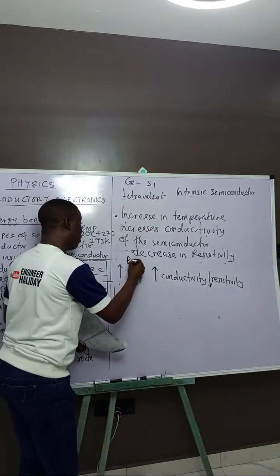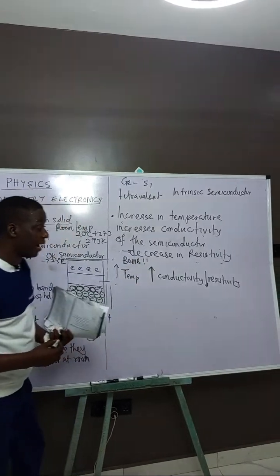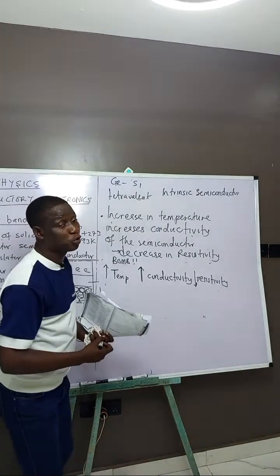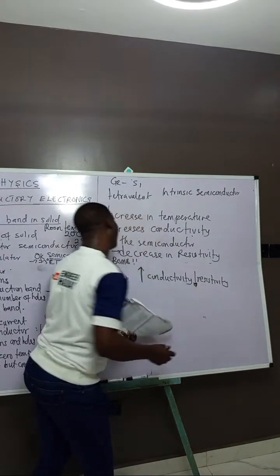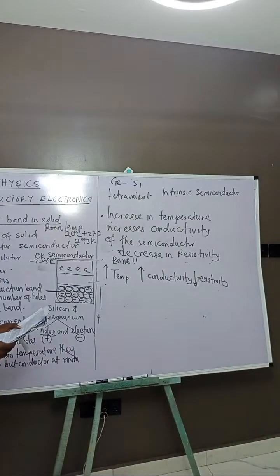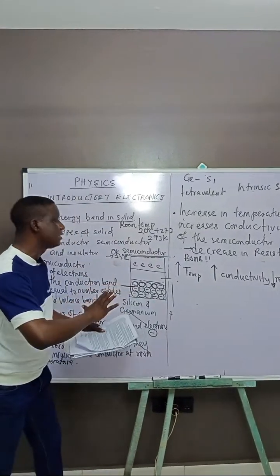I'll still give you another bomb. I call it a bomb because it will help you to remember. Increasing temperature increases conductivity of the semiconductor and decreases resistivity or resistance, as the case may be. So take note of that. Now we are done with semiconductor.